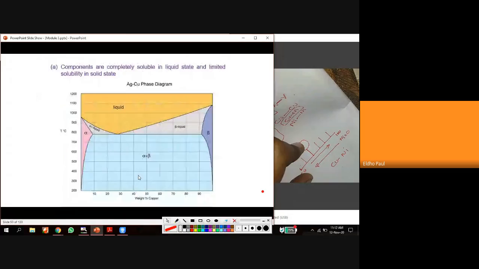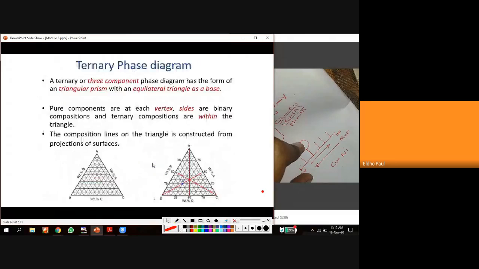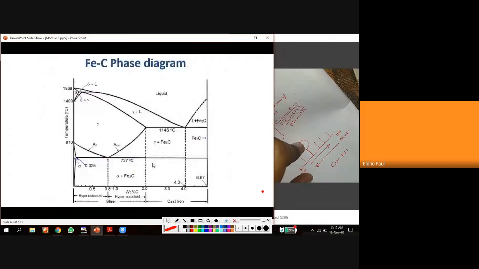And the third one is the iron carbon equilibrium diagram. Here we can see a single solid solution, that is alpha. Alpha or gamma, gamma is a single solid solution. Here this alpha is a single solid solution, and this one is delta plus gamma. That is a multi-phase solid solution, multi-phase region, this region.